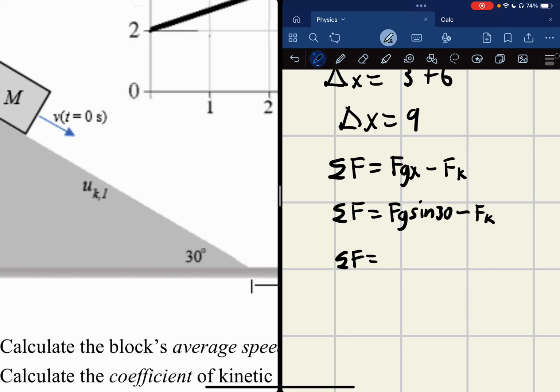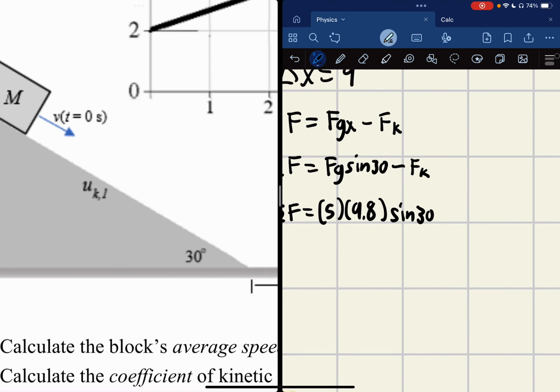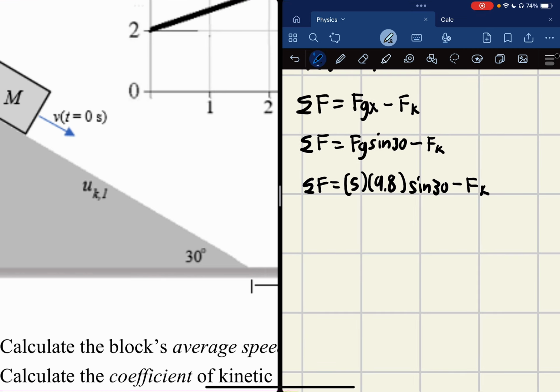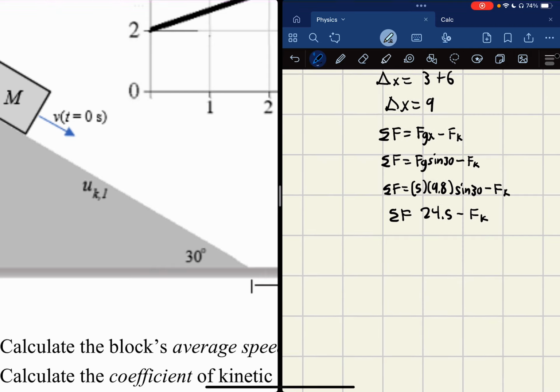It's equal to 5 times 9.8 times sine 30 minus Fk. As mentioned before, Fg is just basically mg, so that's why we can plug in 5. This simplifies to 24.5 minus Fk, and that is what your net force is equal to.